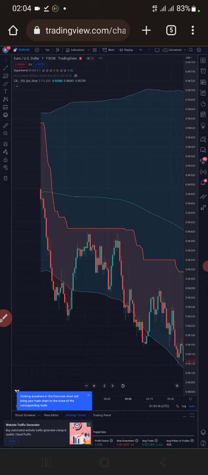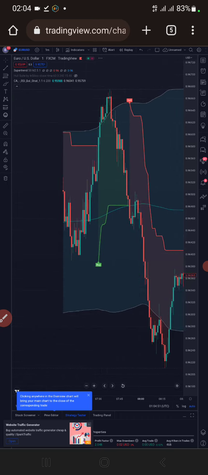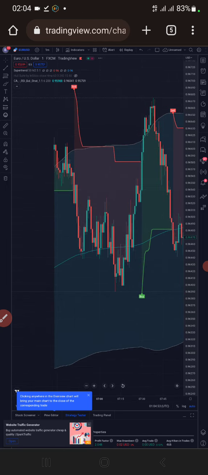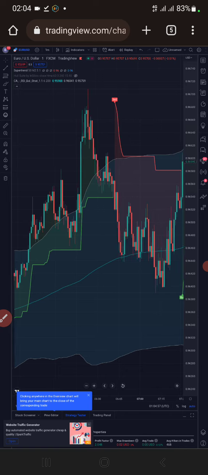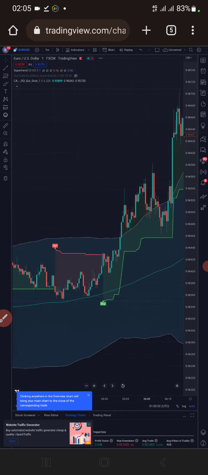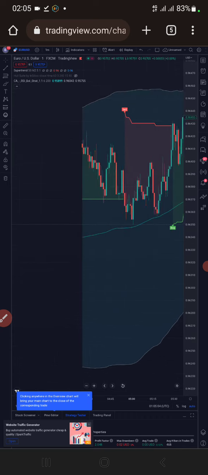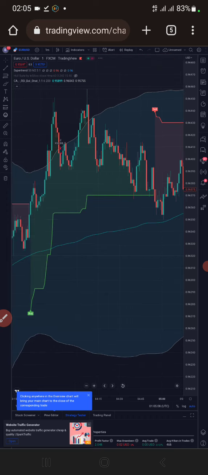So that could be another way to use this. And guys, before you enter a trade, make sure that you check everything necessary and make sure you are in a trend.